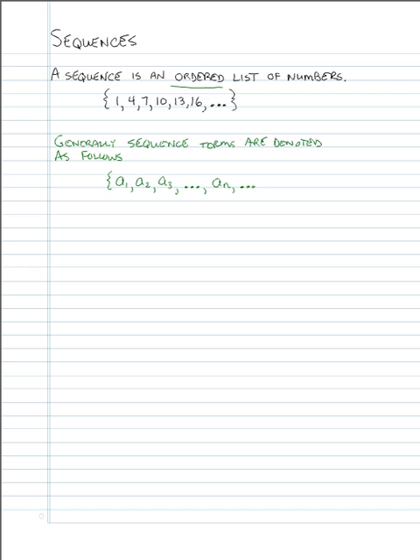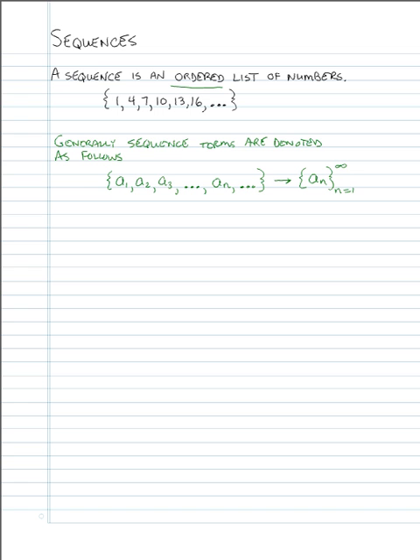Now, rather than making a list like this, what we'll normally do is write in set notation just A sub n. We could leave it like that, or we can indicate that n is going from 1 to infinity, and we understand that n is a counting number.